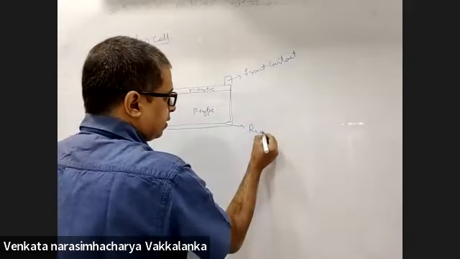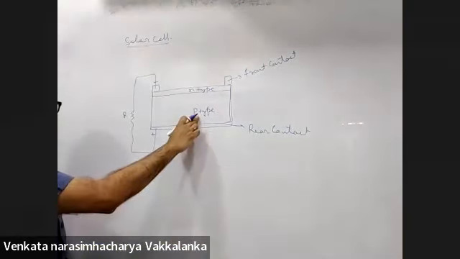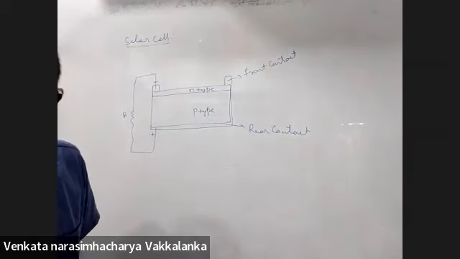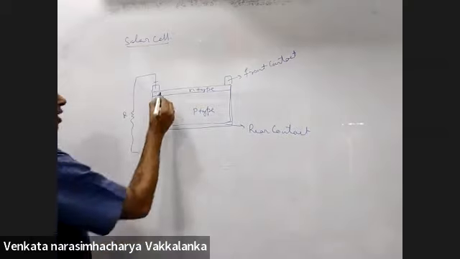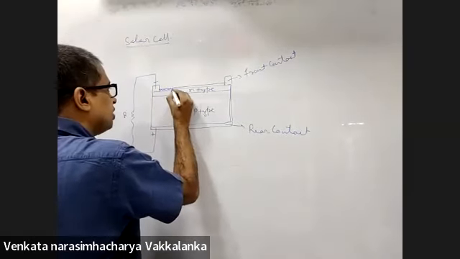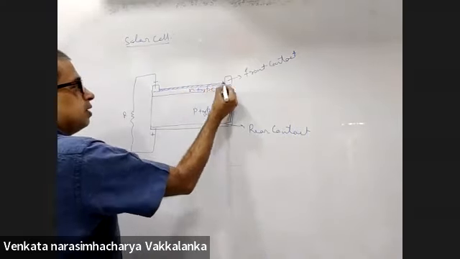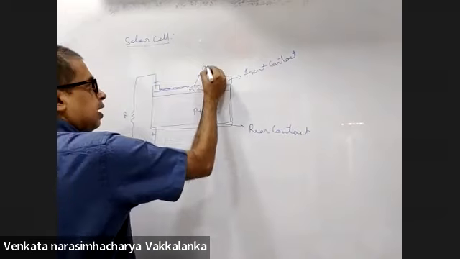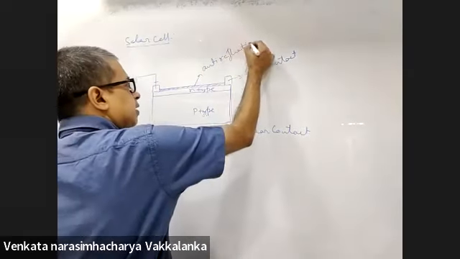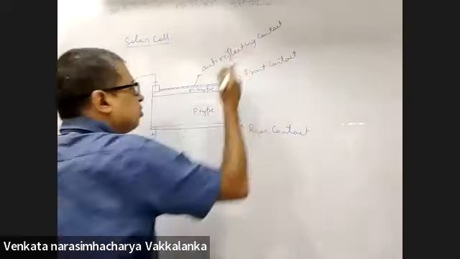Rear contact. This is the P-type material, N-type material, and then you have got an anti-reflecting contact on this top. Now they showed with different colors in the examination. How will you show? I don't know. Do it this way. This is called anti-reflecting contact. Why do you need an anti-reflecting contact?